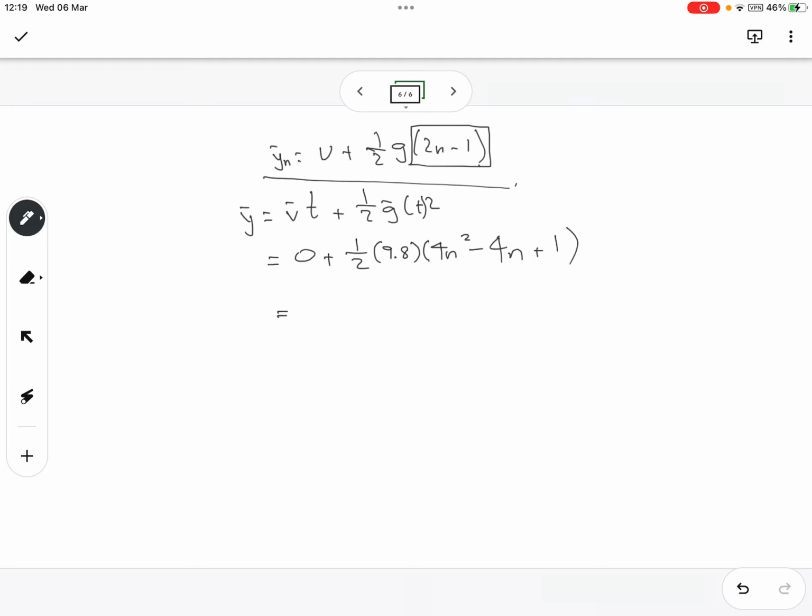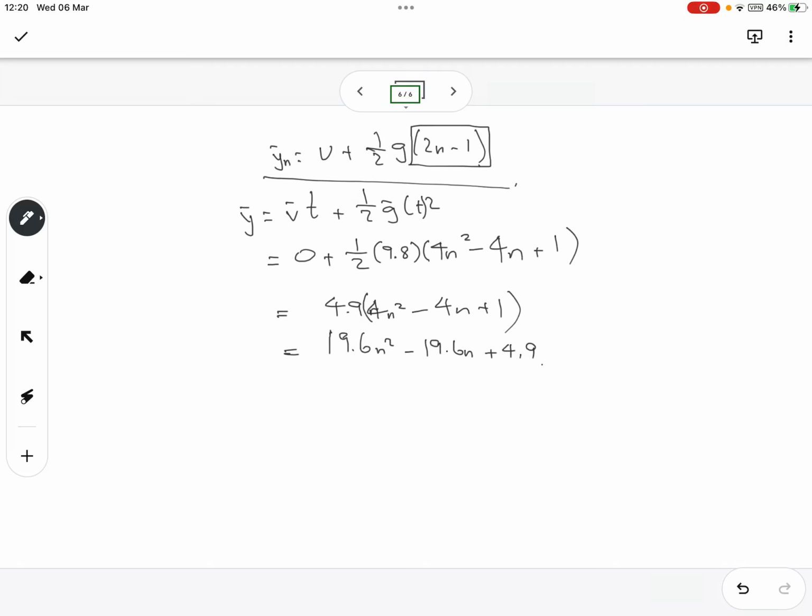Okay, and this is going to be 4.9 times 4n squared minus 4n plus 1. Let's say that's the case. Then what's 4.9 times 4? It's 19.6 n squared minus 19.6 n plus 4.9, right?